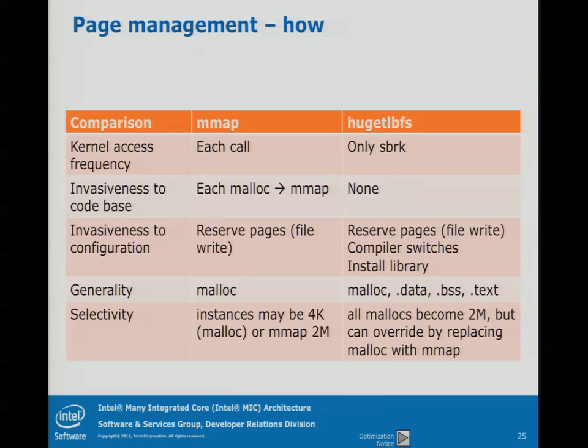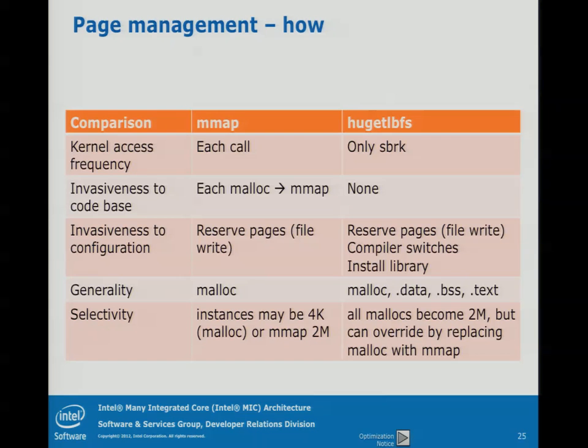Okay, what else? So there are several differences between mmap and hugetlbfs. I would rather call hugetlbfs more abstract, and it gives you more control over also placing different code segments and data segments of your application automatically into 2 megabyte pages.